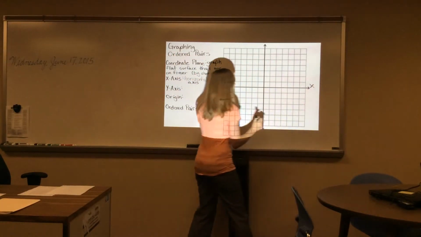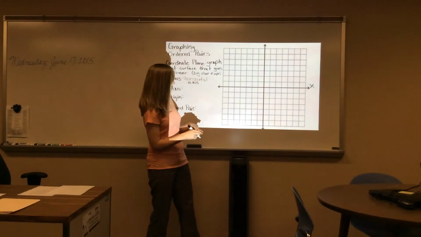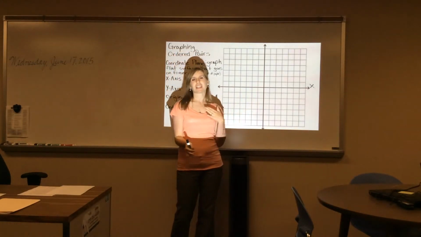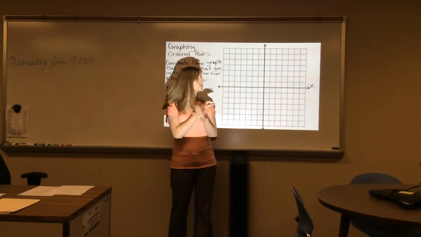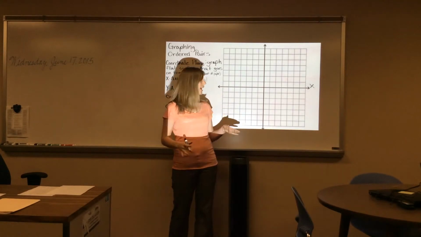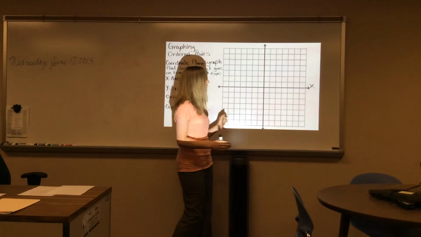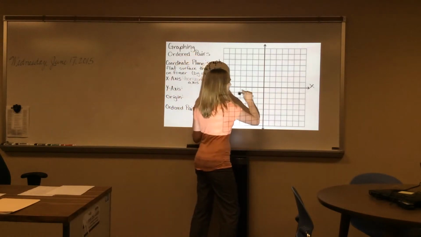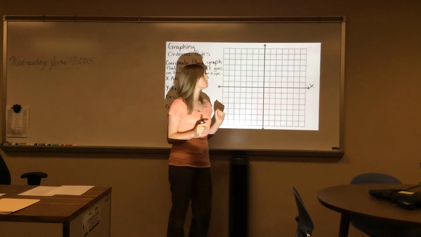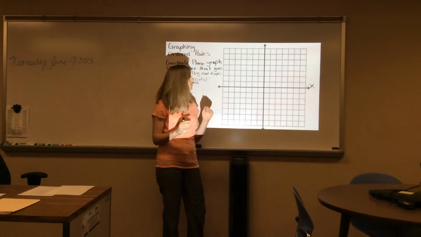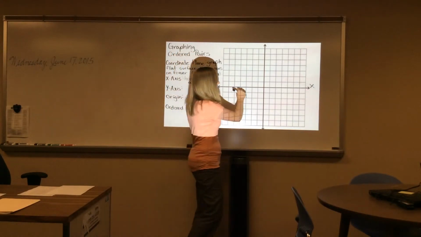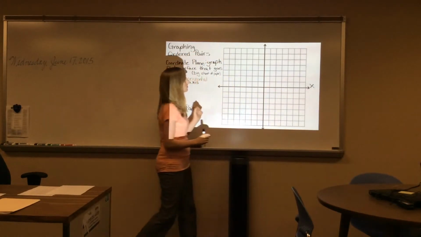Now, the way that I remember that, which may seem silly, is I always think of X as being like no, like don't do that, making the X. When you say no, we shake our head back and forth. Well, X is going back and forth, left and right. So just like you shake your head from left to right to say no, that's the X. So it's always going horizontal.